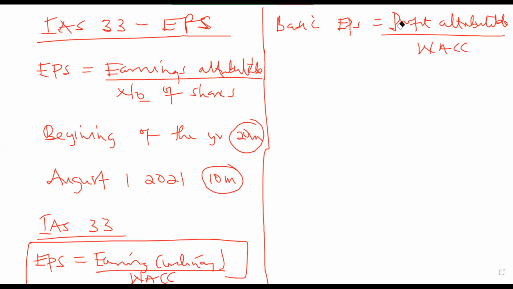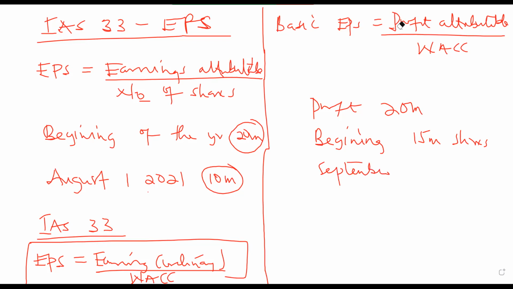But what you have to know is that if you are generating a profit of 20 million for the year, the profit is 20 million. At the beginning of the year, you have 15 million shares. And on September 1, you issue additional shares of 10 million.